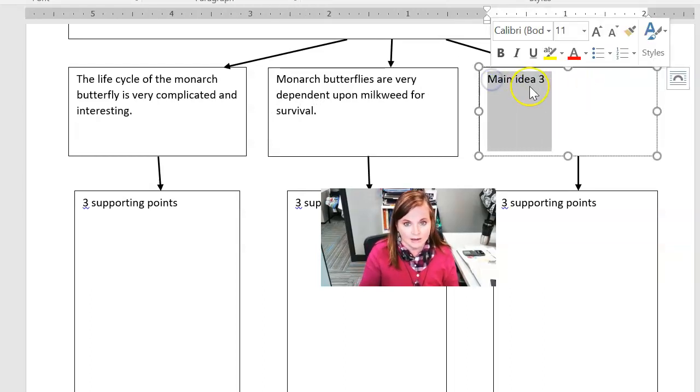For main idea number 3, I'm going to talk about monarch migration, how cool that process actually is.